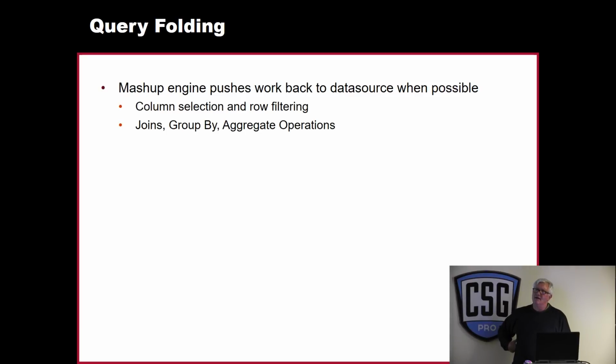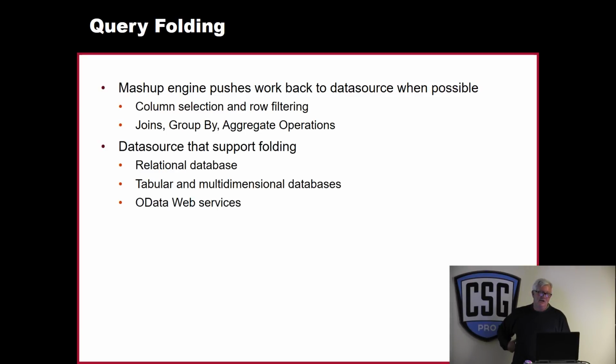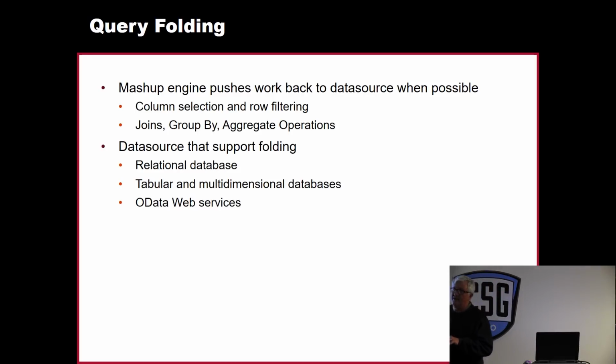Okay, next thing is that when I start writing M code, there's this really valuable principle of query folding. The idea of query folding is that if I'm writing a query and I say connect to that SQL box, and then the very next step I say, let me choose columns. I don't want every single column. I don't want select star. I want select column 1, column 2, column 4.